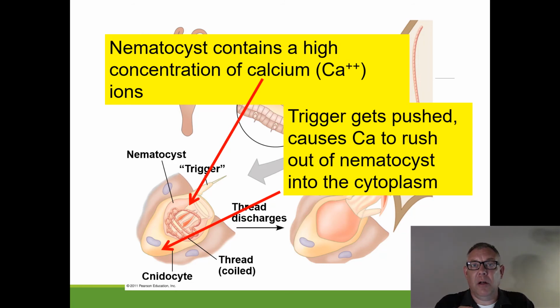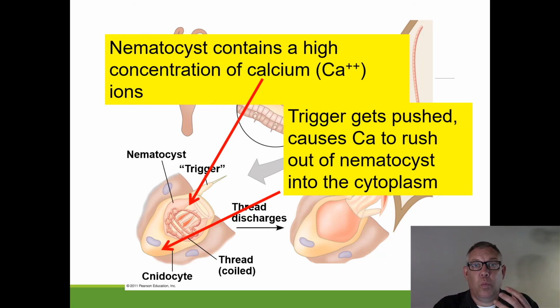That calcium was contained in a part of the cell that's sealed off from the rest of the cell. But when the trigger gets brushed, that bursts open that capsule. All of a sudden, instantly, that cell has a lot more calcium in it. It becomes extremely hypertonic at that point.